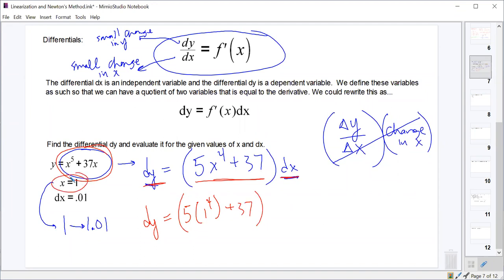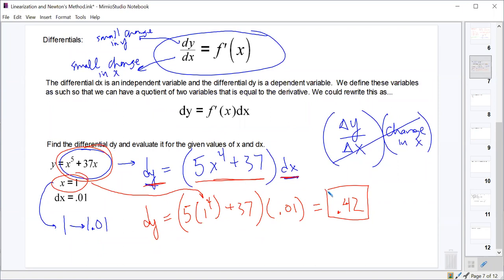Because we started at an x value of 1. And then our dx is just 0.01. So 5 plus 37 is 42. And so 42 times 0.01 is 0.42. Good or no? Good.